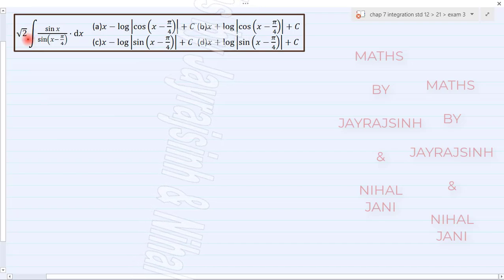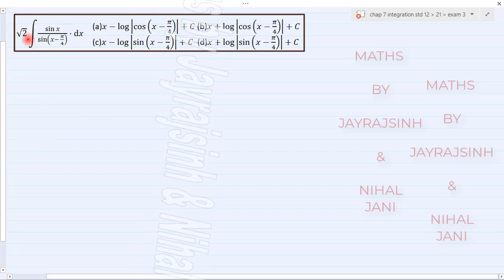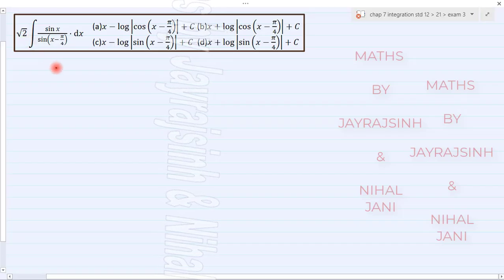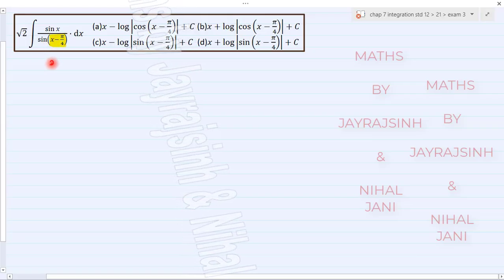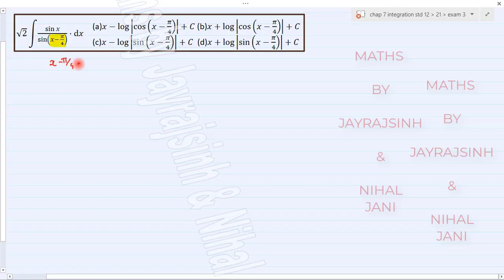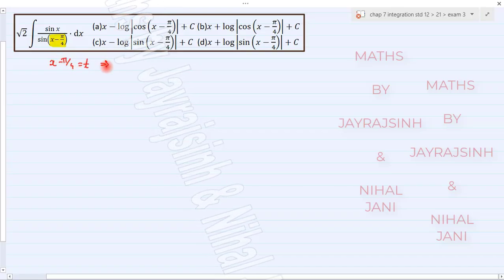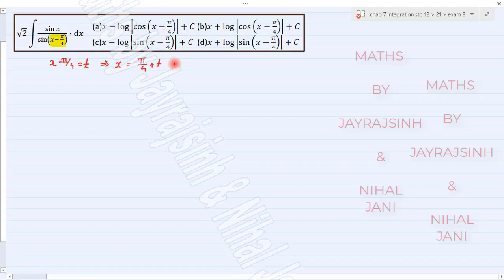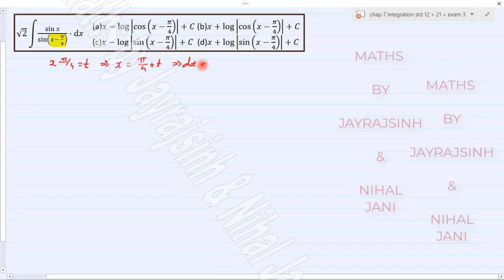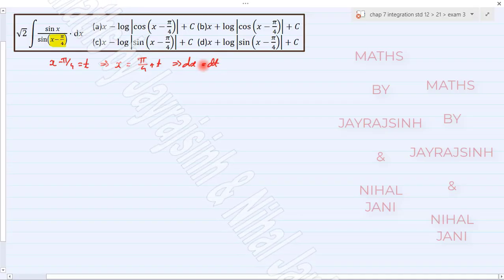In this question, we have to find root 2 times the integration of sin x upon sin of x minus pi by 4. In the denominator, we have x minus pi by 4. So to simplify, let's assume x minus pi by 4 is equal to t. So we will get x is equal to pi by 4 plus t, and your dx will become dt.